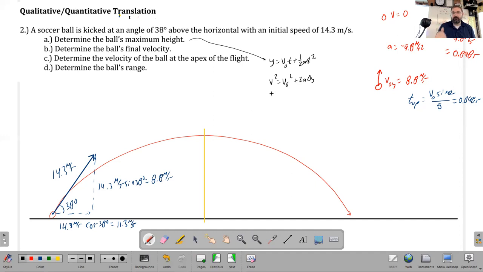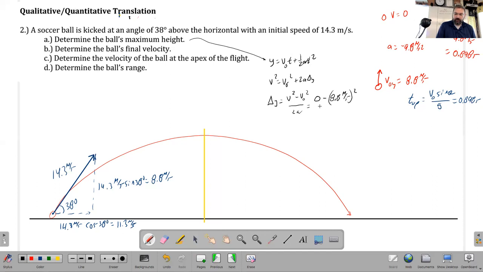There's also the equation that I derived for you, the y max equation, but here delta y, the change in height, would be v squared minus v naught squared divided by 2a. The final velocity is 0 at the top. The initial vertical velocity is 8.8 meters per second.